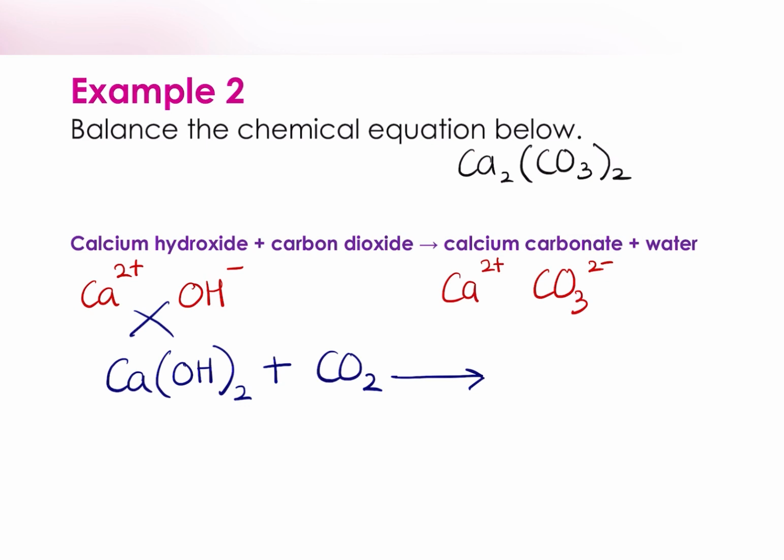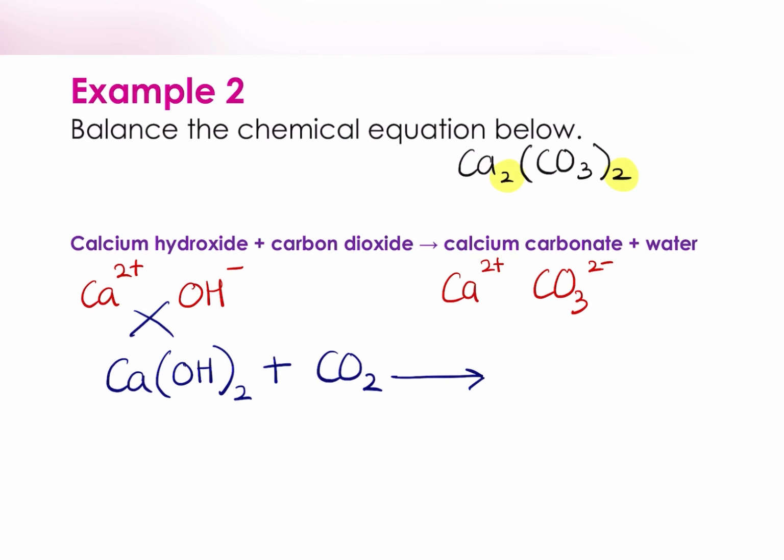So now, can I leave my chemical formula like this? The answer is no. Why? Your chemical formula must be in the simplest form. So the value 2 here, this one and this one, you have to simplify. When we simplify, we divide by a common factor. In this case we divide by the same value, which is 2.